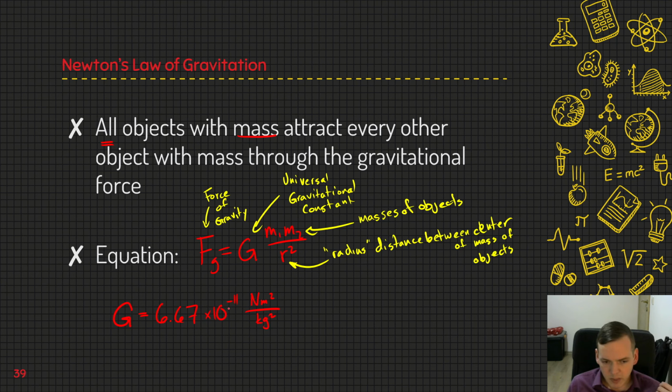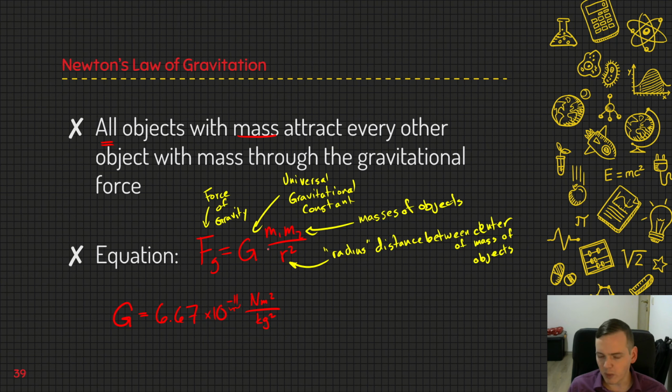So in other words, because of this 10 to the negative 11th, unless you've got a lot of mass or you're very, very close together, the force is basically nothing. So if you imagine two people, let's just estimate their masses to be about 100 kilograms each, because that'll make our numbers easy.